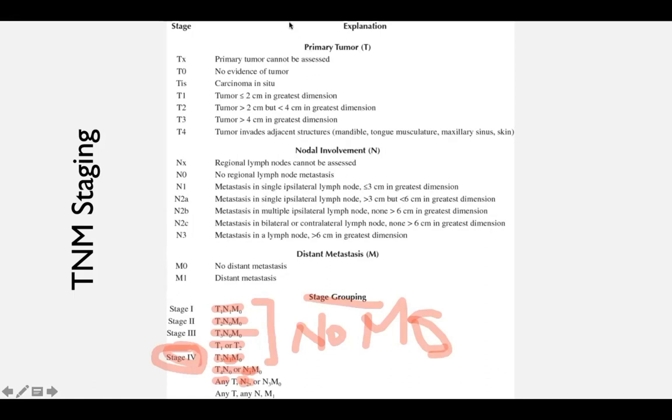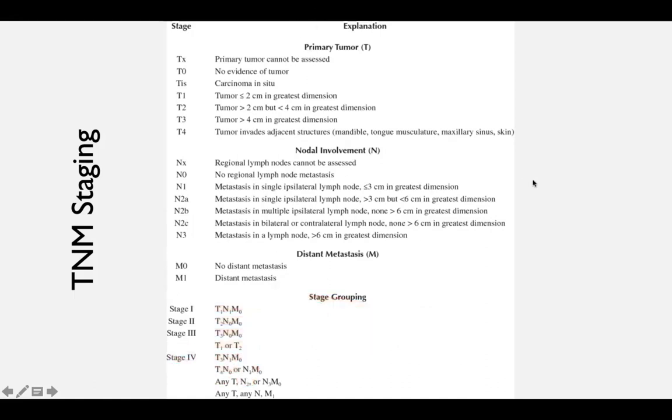So stage 1 to 3, how to remember it: for example, T1, N0, M0 is stage 1; T2, N0, M0 is stage 2; T3, N0, M0 is stage 3.